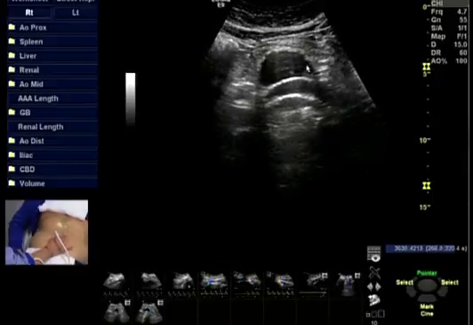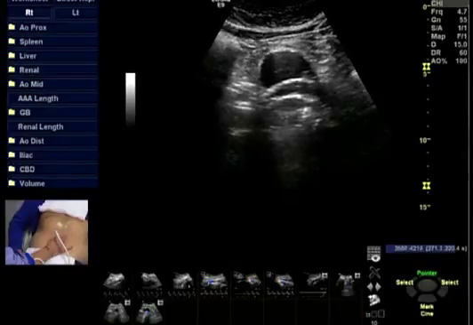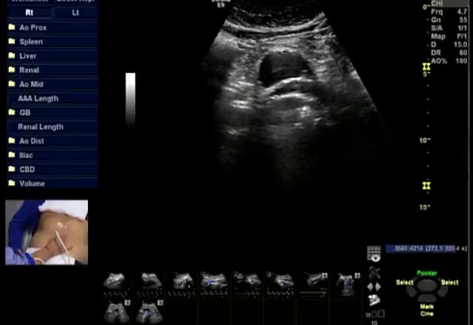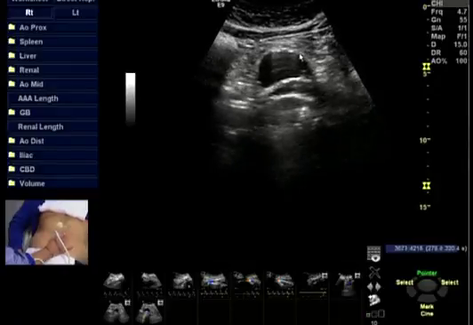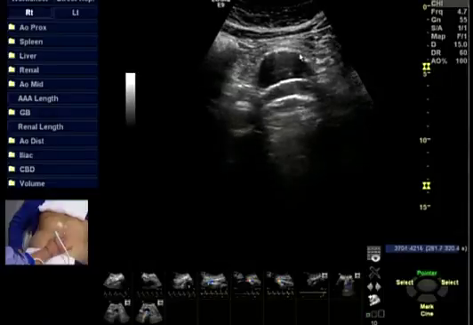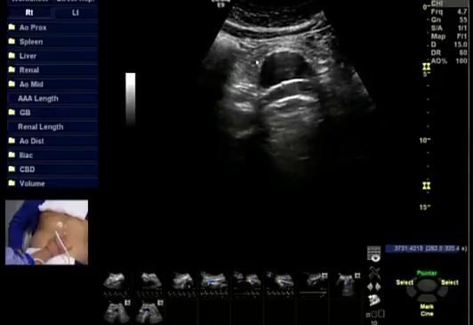And the potential there is because there's more dilation against this wall than the other wall, there's the potential for more thinning of this wall and theoretically at least a higher risk of rupture.